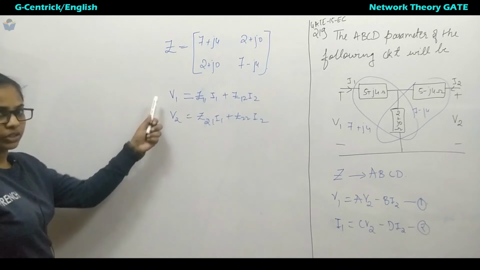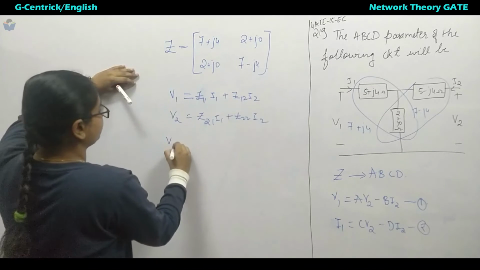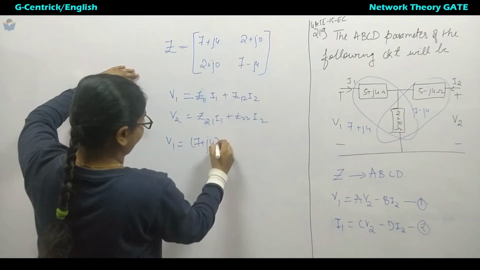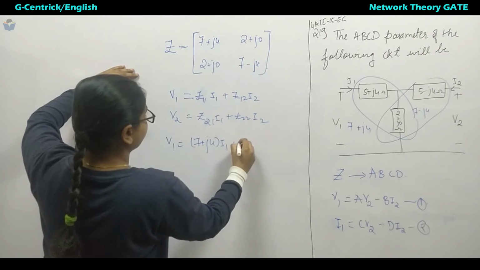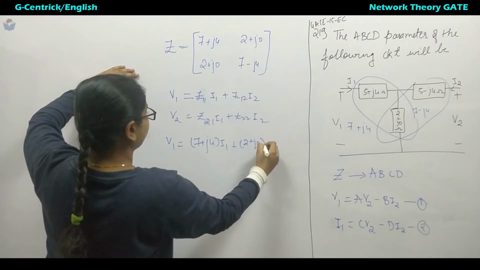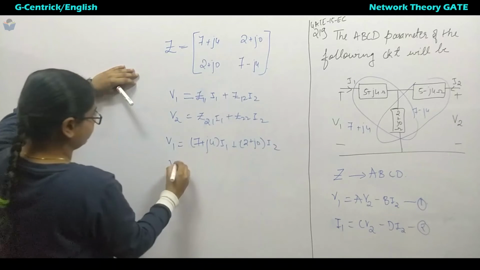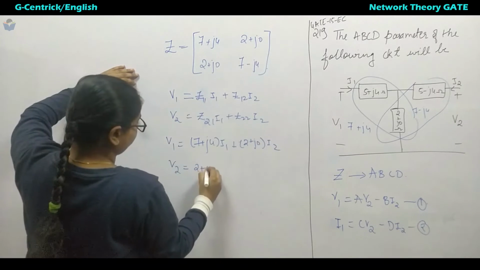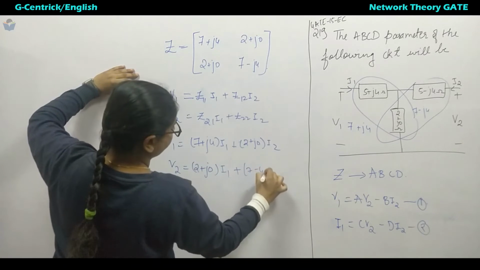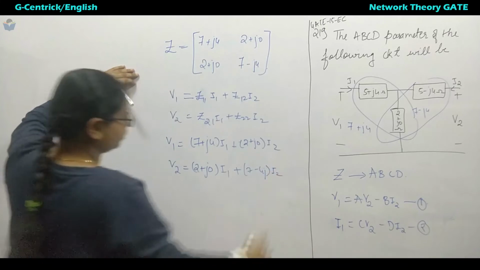So these are equations 3 and 4. From this we can write it as: Z11 is 7 plus J4 into I1, plus Z12, which is 2 plus J0, into I2. Then V2 is Z21 into I1 plus 7 minus 4J into I2.